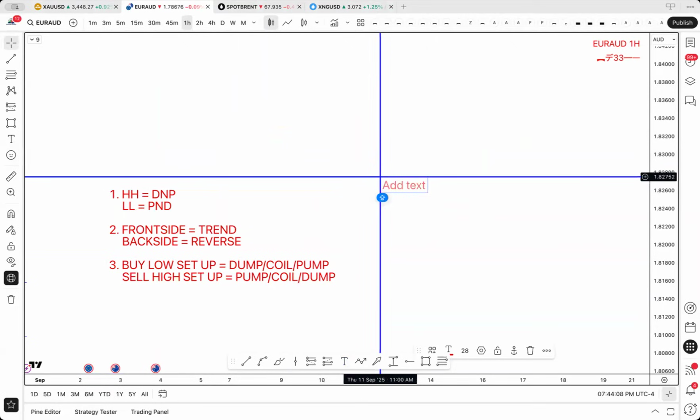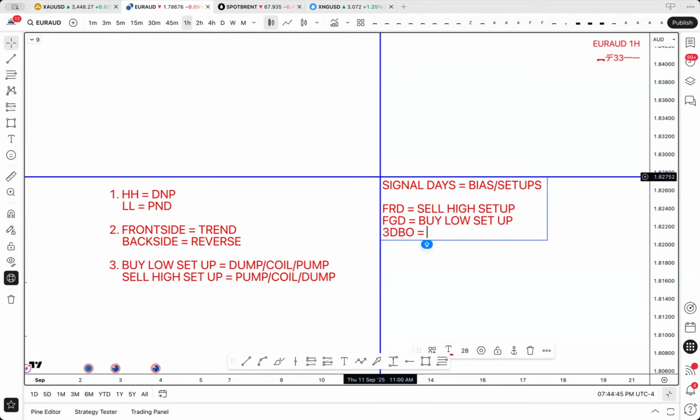Now, we're going to be using signal days for a bias and setups, whether that's a trend or a reversal. First red day is a sell high setup. First green day is a buy low setup. Three days of breakout traders.